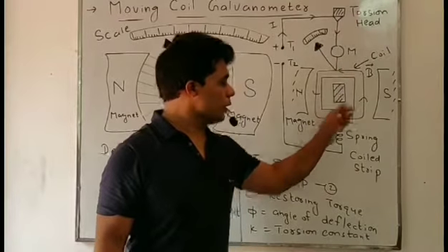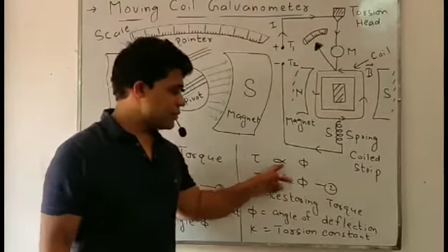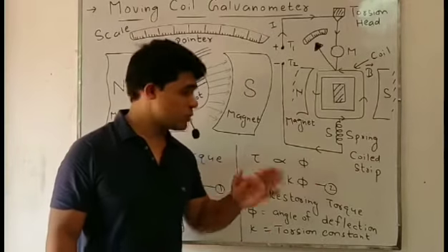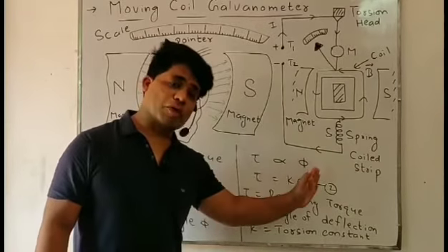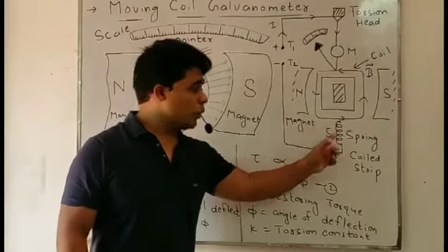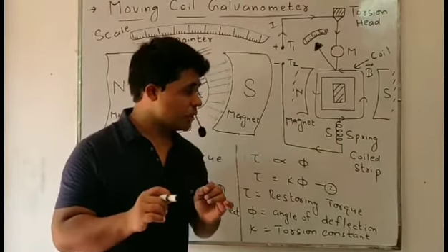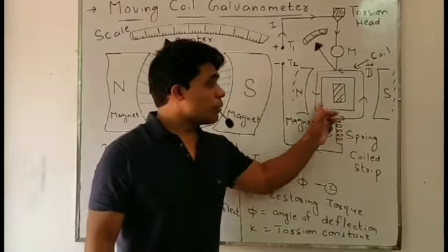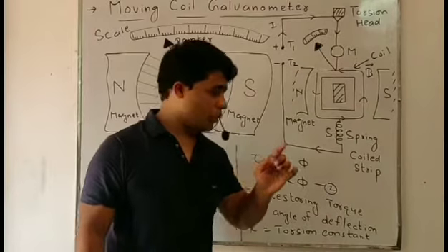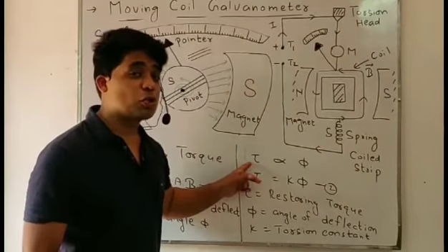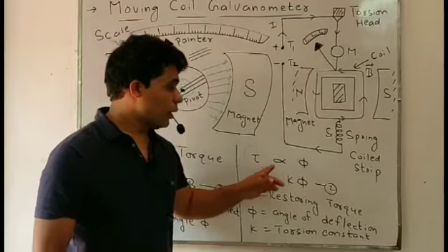So torque is directly proportional to the angle of deflection. Due to the property of elasticity, this coil will get restoring torque. This is called restoring torque.